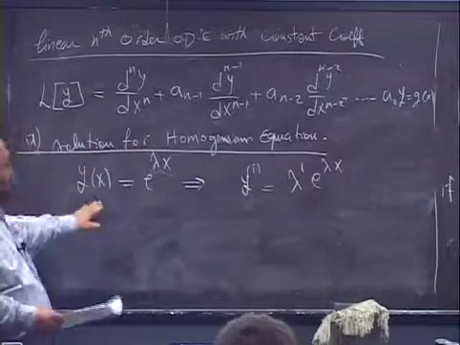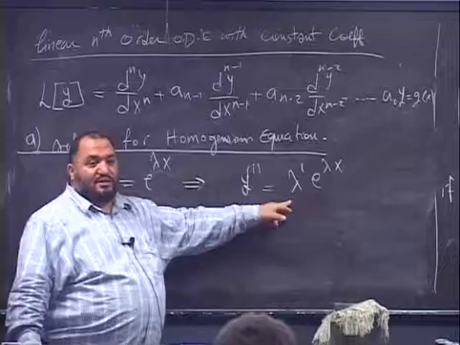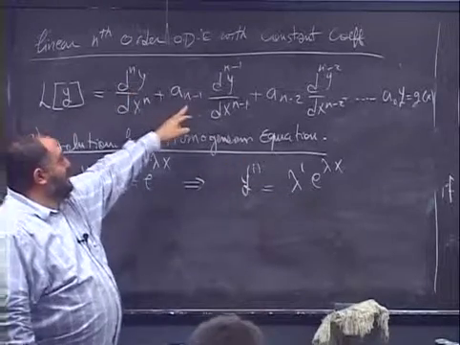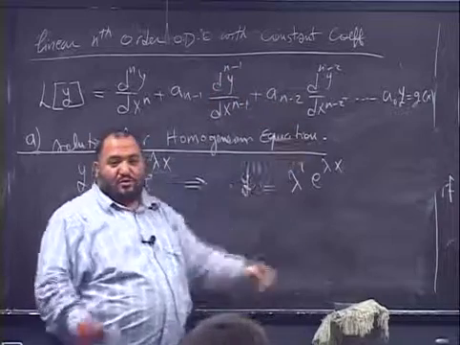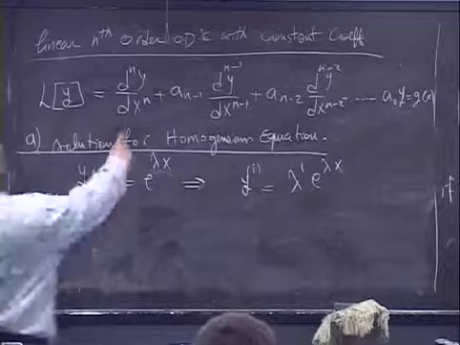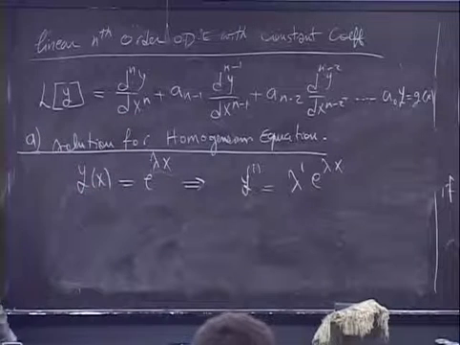Just I want to show you this. Why I'm showing you this? Because we have to differentiate our solution n times, then n minus 1 times, and so on. Okay guys? So if you do this and substitute in this equation, what will you get?